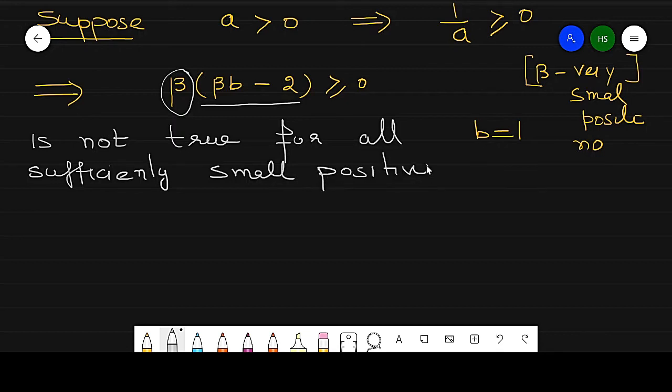So this condition is not true for small positive beta. Hence what we supposed is not possible. We supposed a is greater than 0, so that is not possible. If that is not possible, then the only possible value of a is 0.